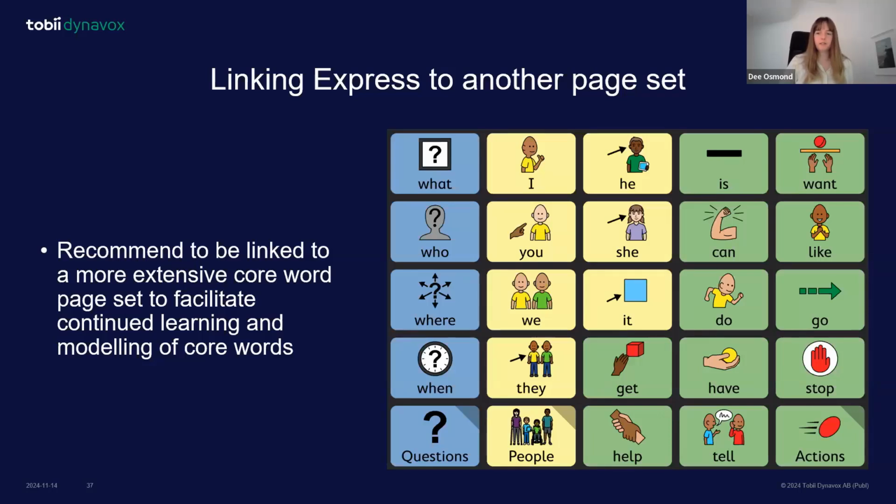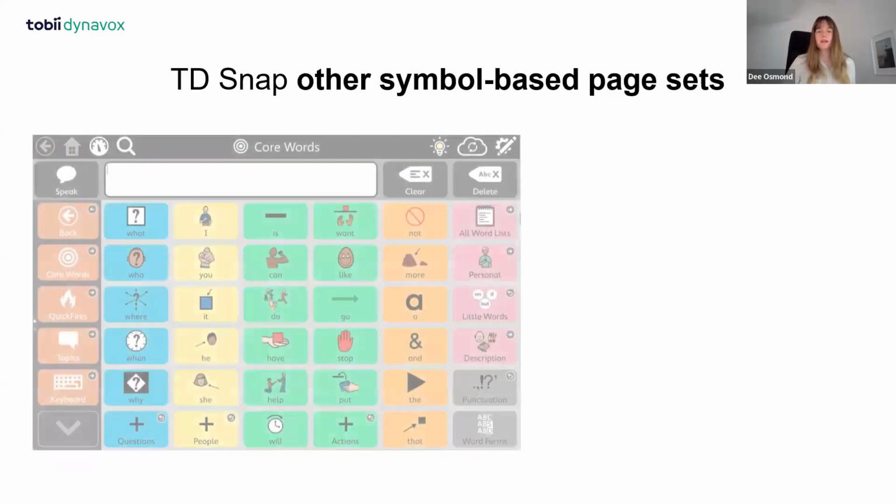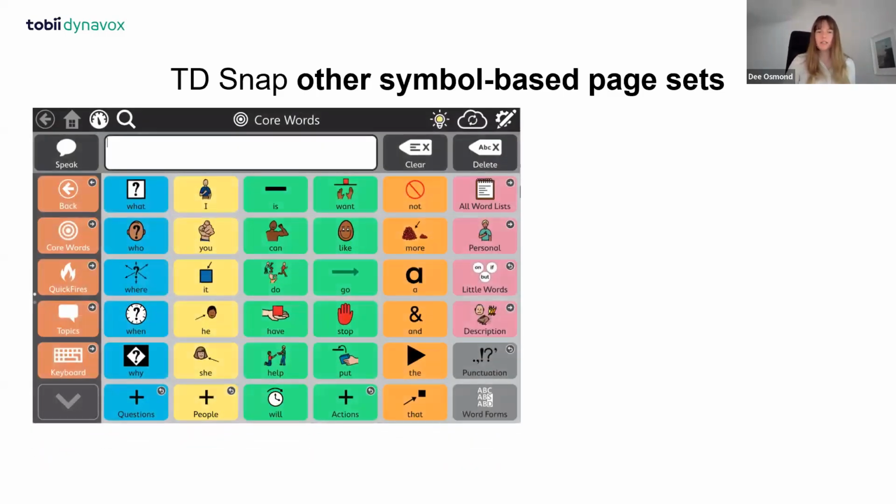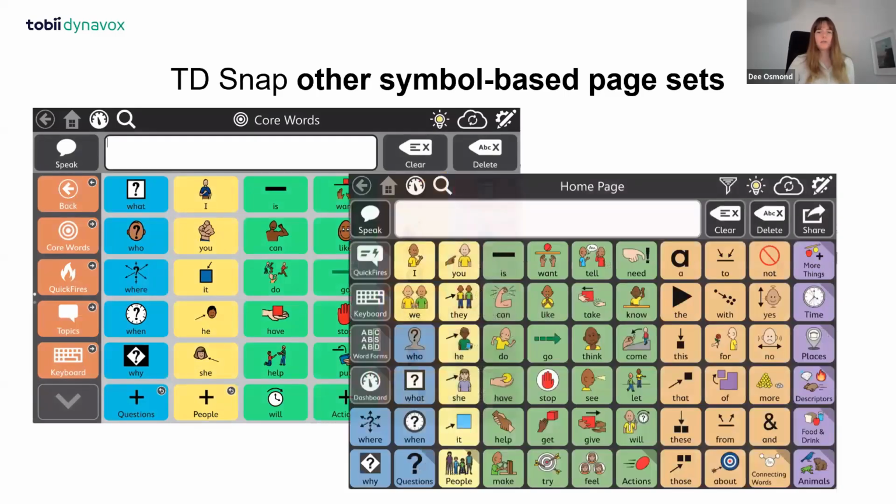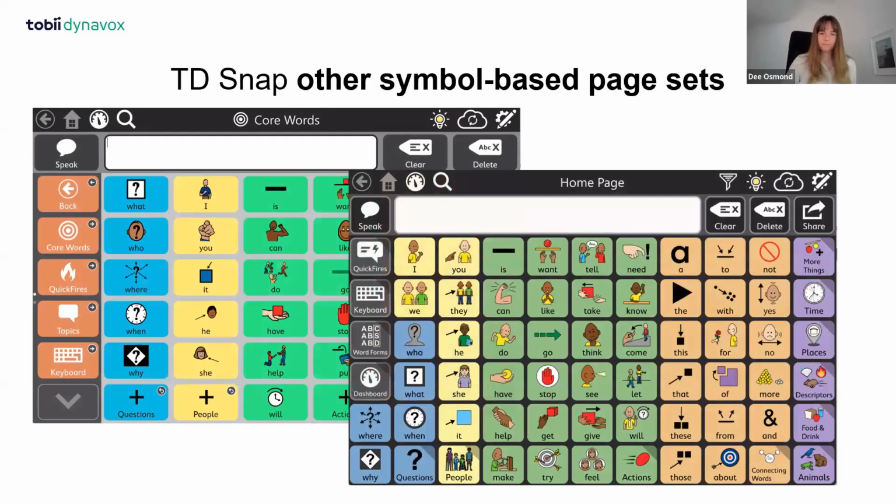So for example, you could link to Core First or Motor Plan, and that's what we recommend so that the user is exposed to extensive core words as well for continued learning and modeling. The other symbol-based page sets that we have may vary depending on the language you are using. So we have Core First here on the left, and then we also have Motor Plan.